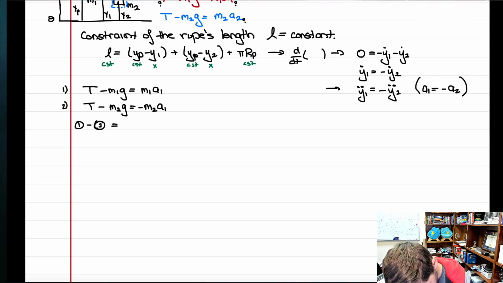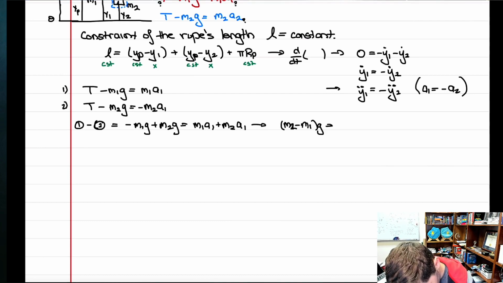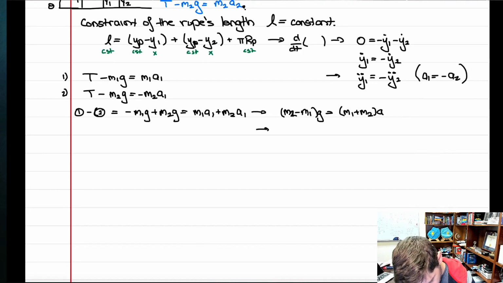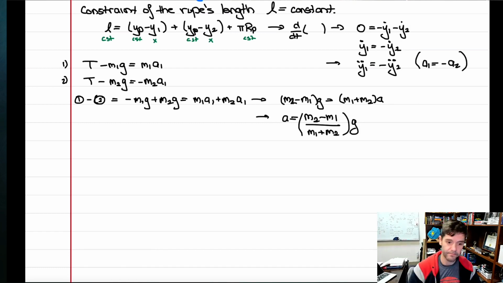So the t's cancel, and I get negative m1g minus negative m2g, so plus m2g, equals m1 a1 minus negative m2 a1. So this says that m2 minus m1 times g on the left-hand side equals m1 plus m2 times a on the right-hand side, or that a, in this case, is m2 minus m1 divided by m1 plus m2, all multiplied by g to make the units work.